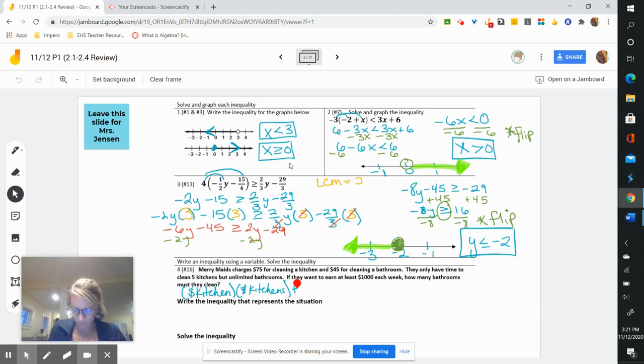So same thing, we would do the cost for one bathroom. And that would get multiplied times the number of bathrooms. And that amount needs to be at least whatever their total goal is.